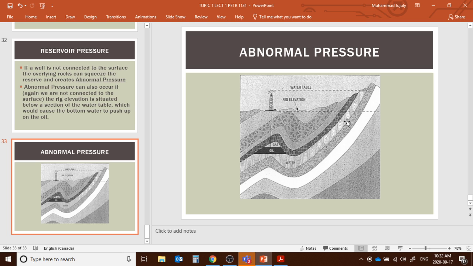So then what's going to happen? You will get lesser pressure. For instance, if this rig is well above the water table, then what will happen? If you continuously withdraw the oil, the water will fill up the empty space and give a lift to the oil. Okay, but if you go down, then what happens? Remember the potential energy, like the height. If this height is lower, then the pressure would be low, and there will be so much abnormality at that time.